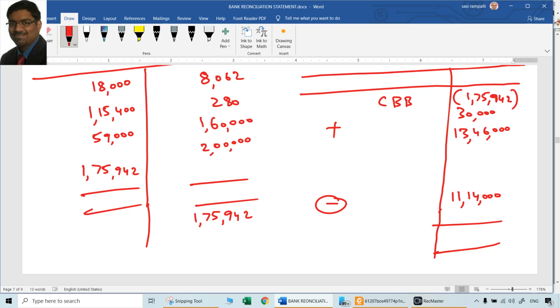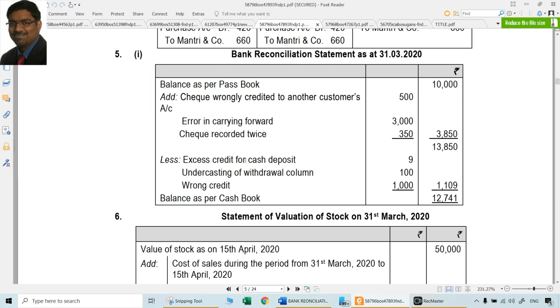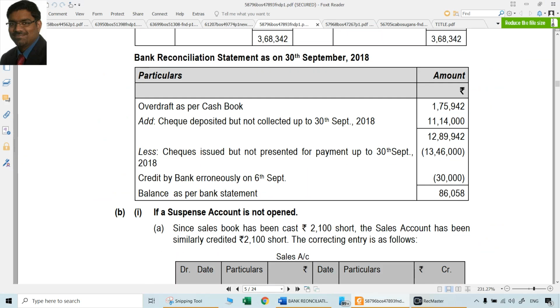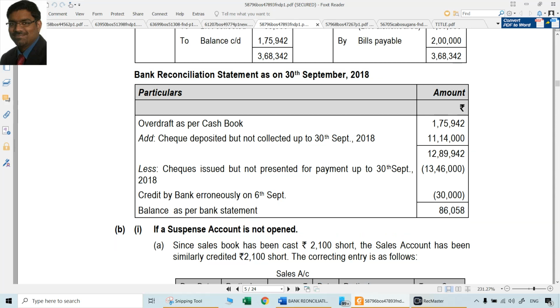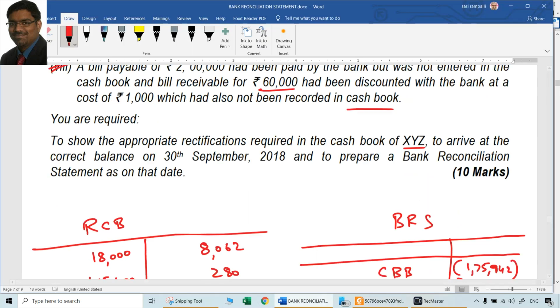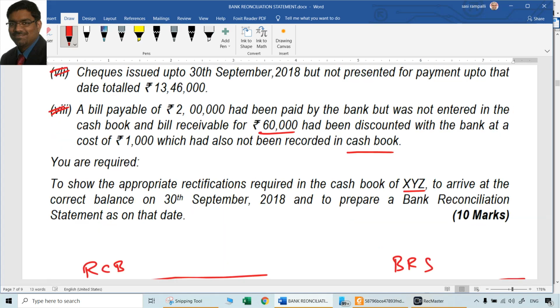So 86,058 should be the balance as per passbook, which is a positive balance actually. 86,058 should have been the credit balance, a favorable balance as per passbook. Let us check that. 86,058. Correct. That's the balance as per passbook or bank statement, whatever we call it. That's all. That was question number 8.